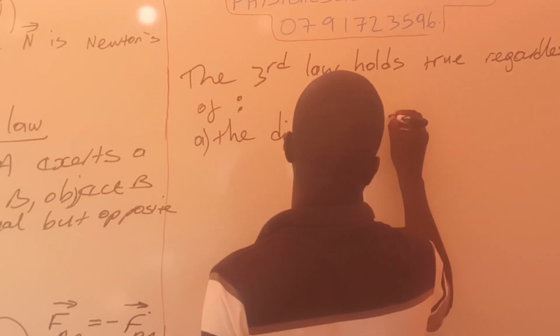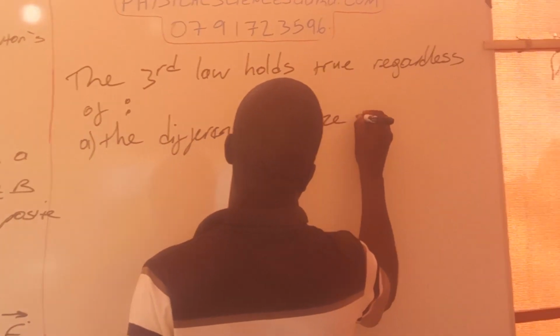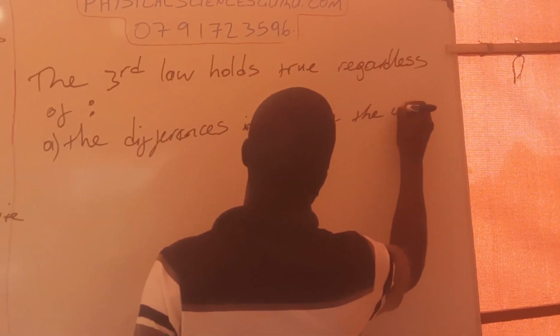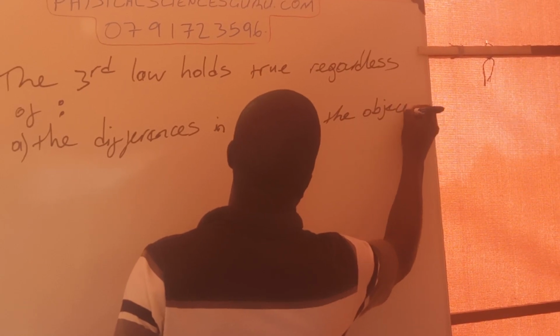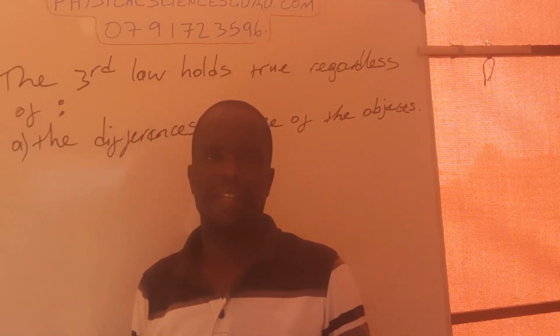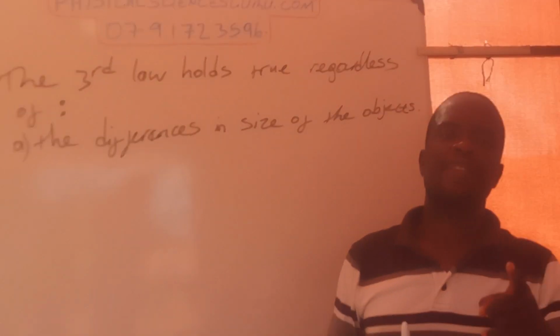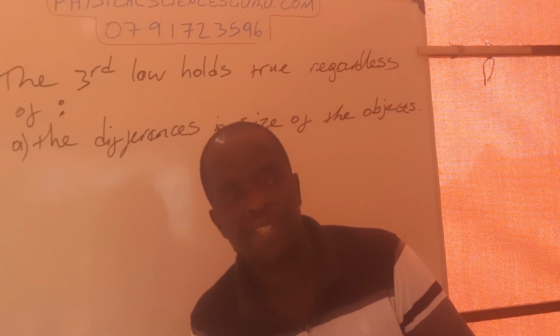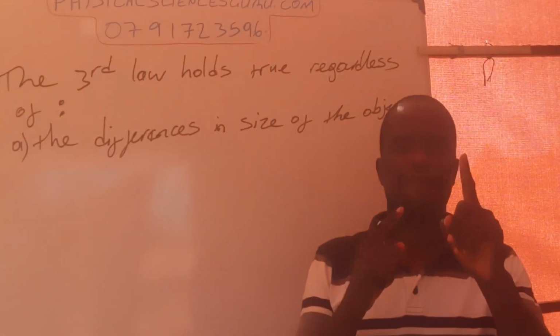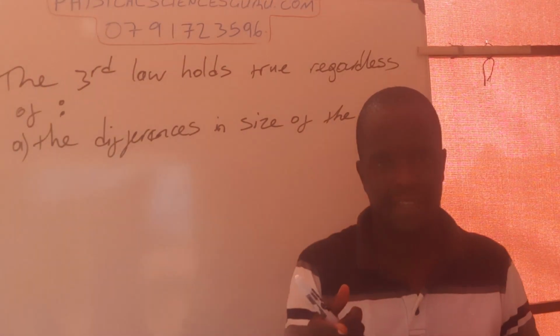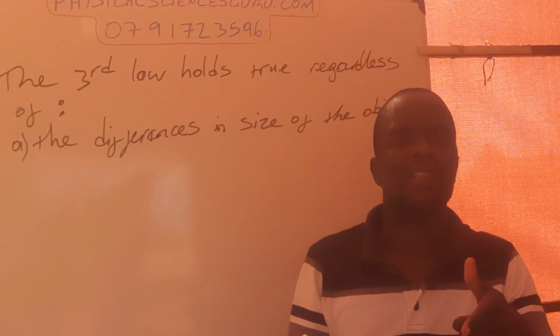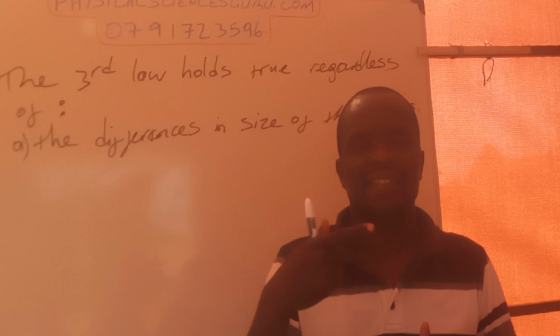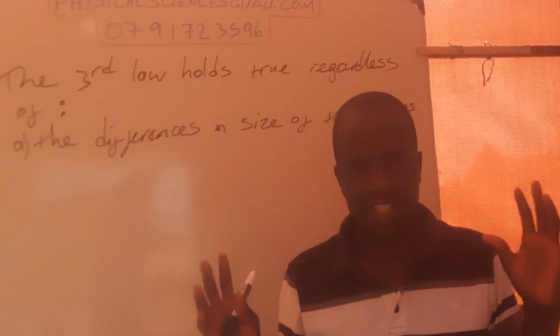What does this mean? It means that if the Earth is object A and you yourself are object B, the force that you are exerting on the Earth is equal in size to the force that the Earth is exerting on you, regardless of the differences in size.